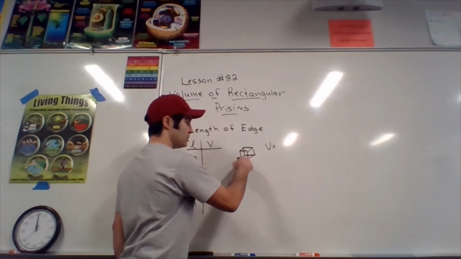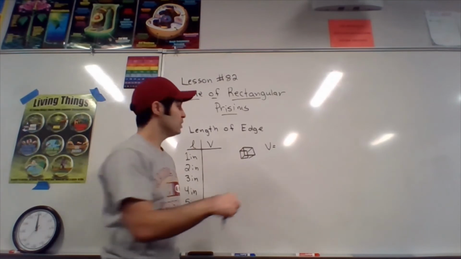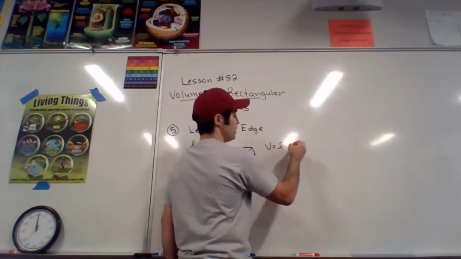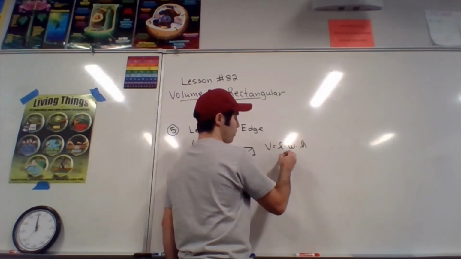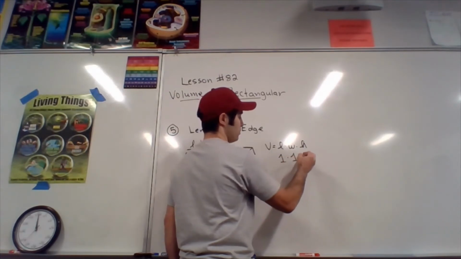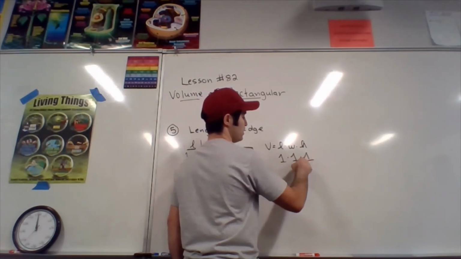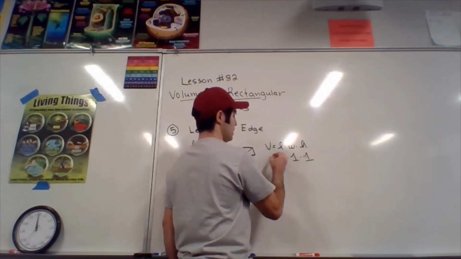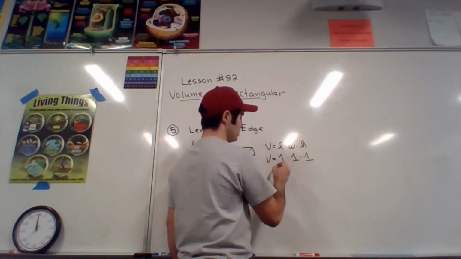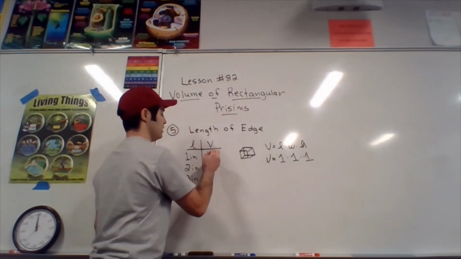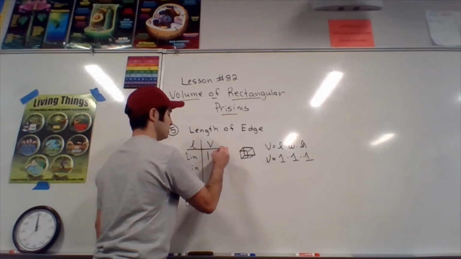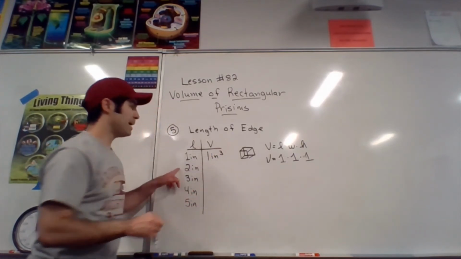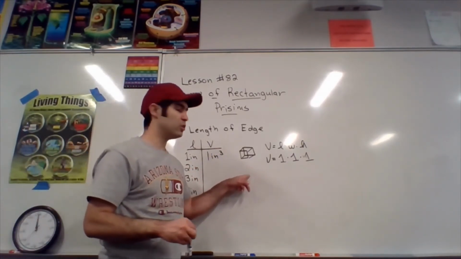So it's 1 inch, and then the height is also 1 inch. So the volume would be length times width times height. Well, all those are big fat ones. Okay, so the volume is 1 times 1 times 1, so the volume of this is 1 inch cubed.